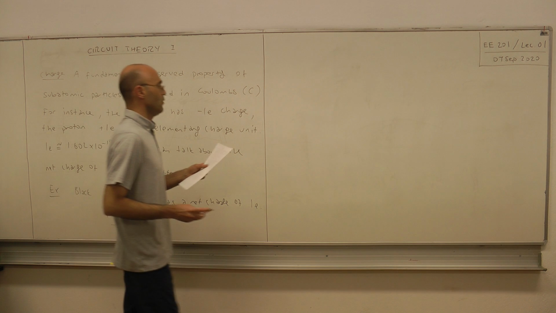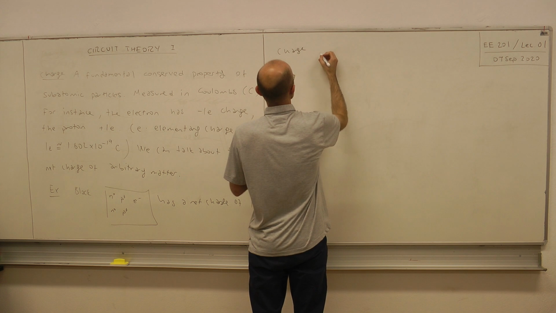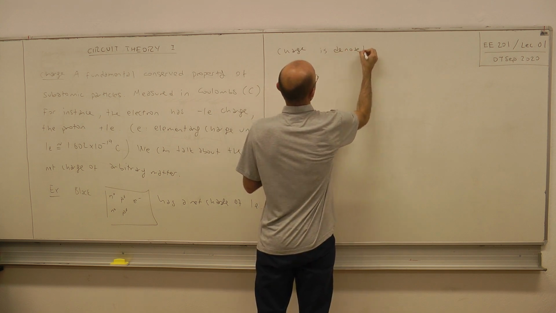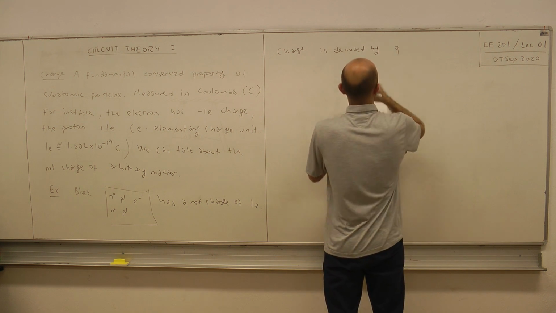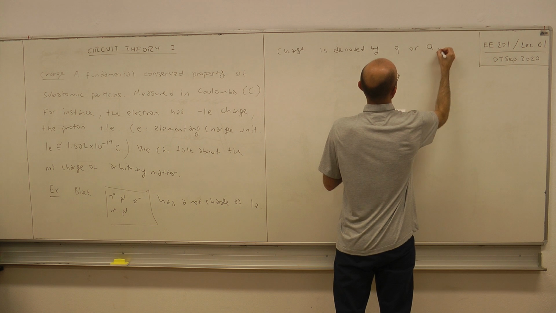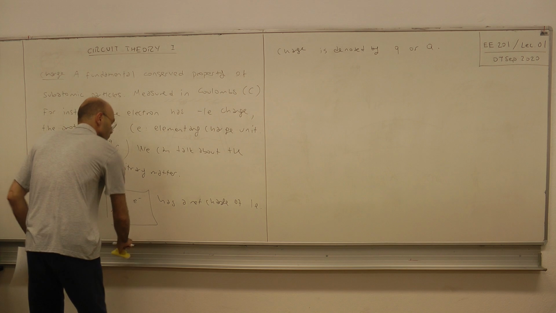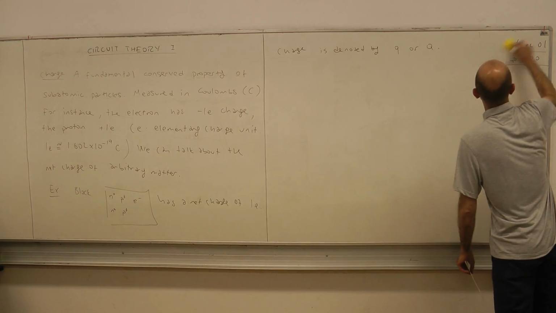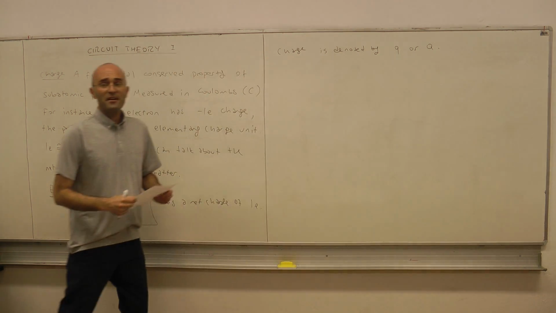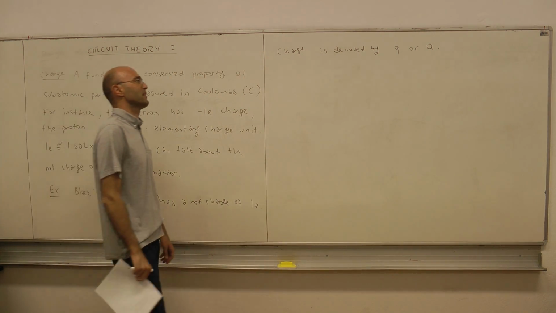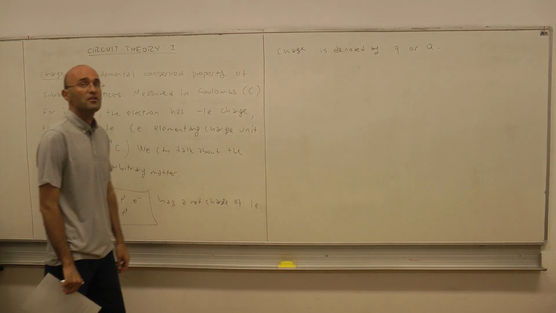Okay. What else? Charge is denoted by the letter Q, lowercase q or uppercase Q. Now, clearly there's no physical or mathematical difference whatsoever with what letter you denote the charge.